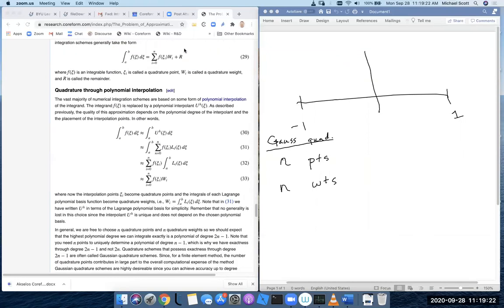Okay, so we have some integral. Just to be consistent with my notes, let me make this the same here. Okay, we have some integral, a, b, and an integrand. This is what pops up in finite elements, and then we say, I'm going to pick a quadrature rule.